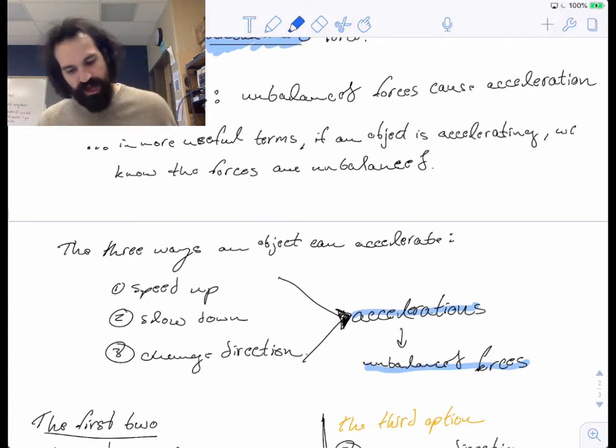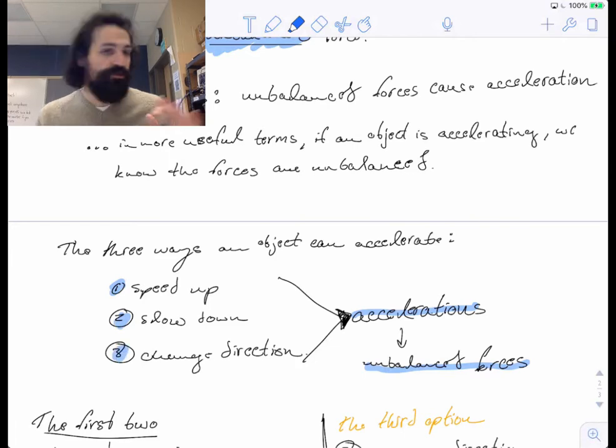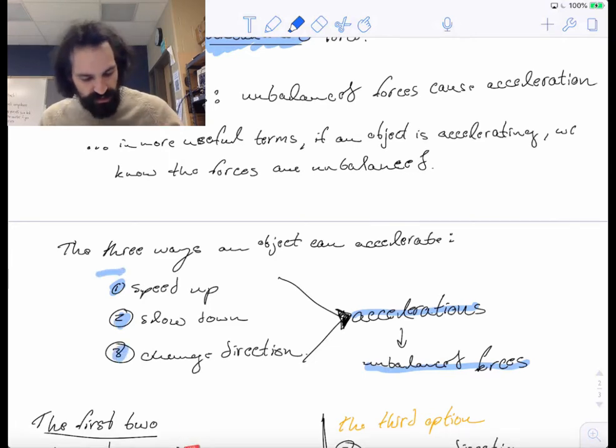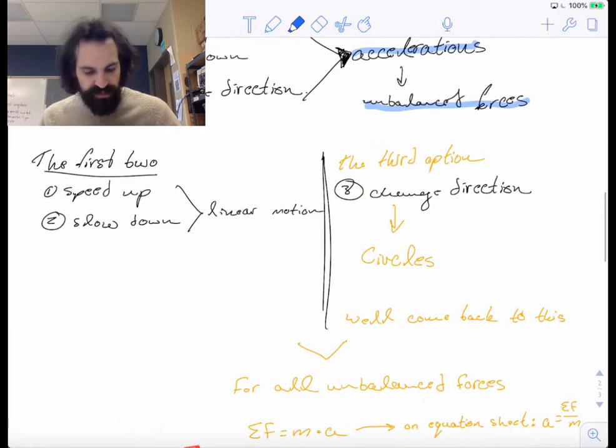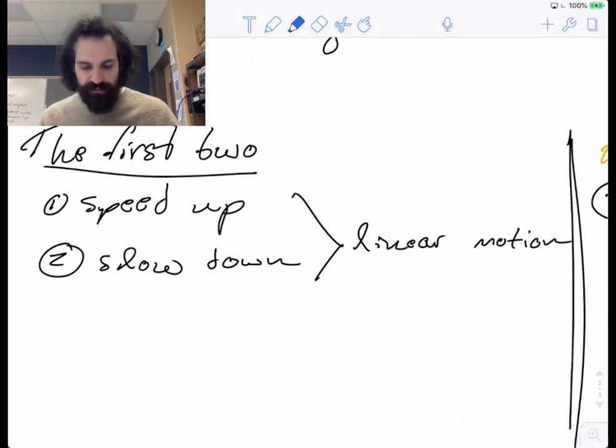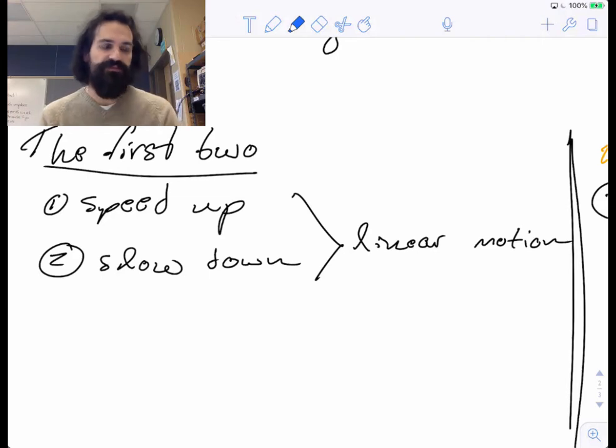So we have these three options: speed up, slow down, and change direction. And we're going to break them into two categories. We're going to lump the first two together because they refer to linear motion. Speeding up and slowing down is for an object traveling in a straight line. But changing direction, that's something kind of new, at least from everything we've done up to this point.